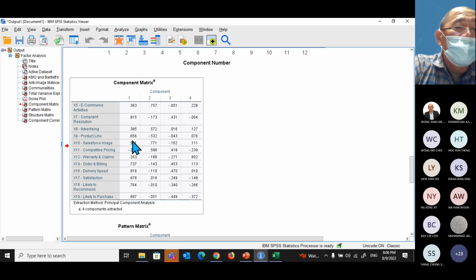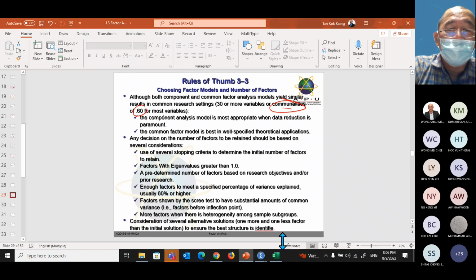It can be 1, it can be 2, because 0.656 and then negative 0.532. Therefore, you don't know which factor x9 belongs to. This is an example of overlapping. You call this cross-loading. No problem, I type it.